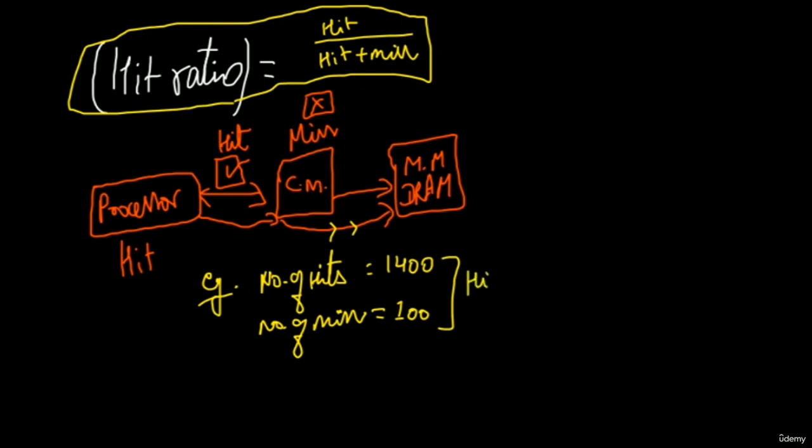Now what is the hit ratio? The hit ratio is 1400 divided by 1400 plus 100. It simply means 1400 divided by 1500. On cancelling out, you get 14 divided by 15, which is 0.9 something.